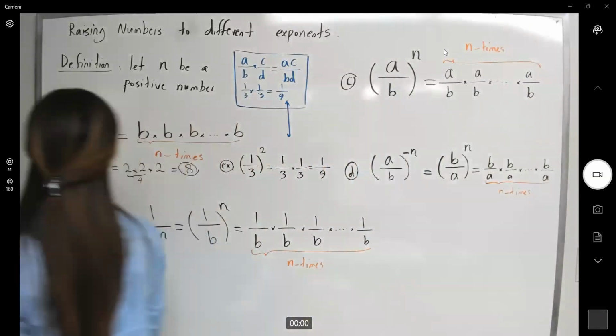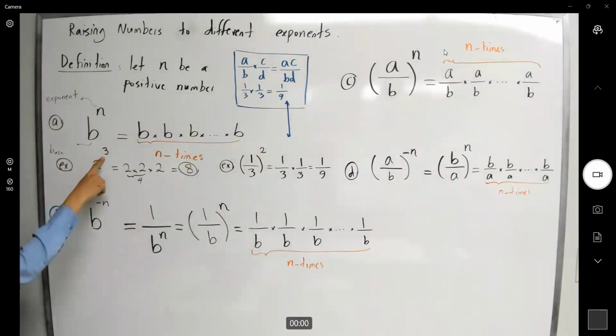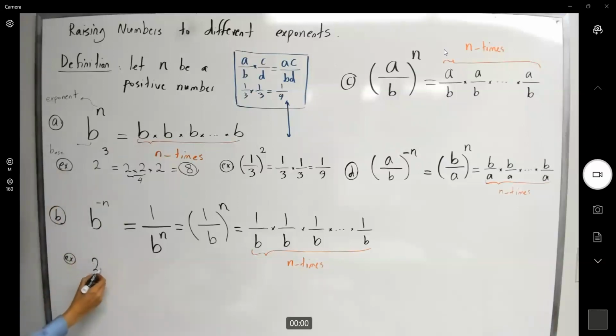Let's take a look at some negative exponents. I'm going to use the exact same examples that I did here, but instead of using positive exponent, I'm going to use a negative exponent. So, for example, suppose I ask you to raise 2 to negative 3.